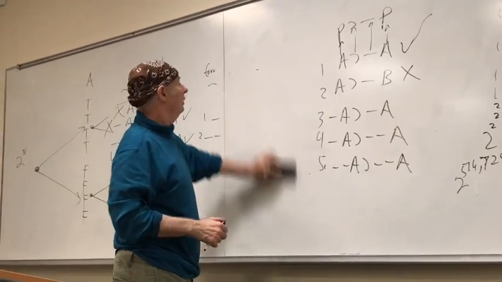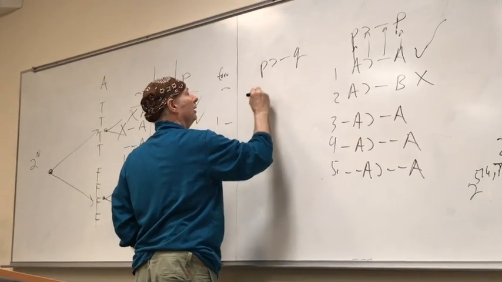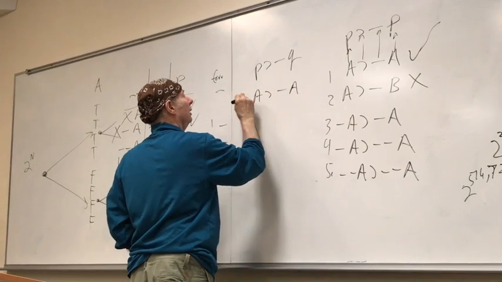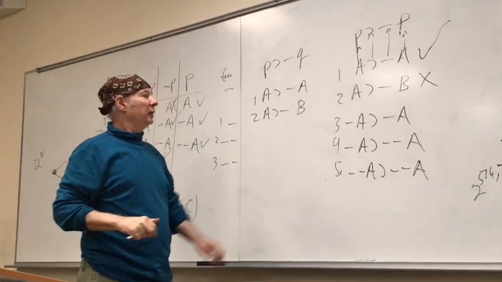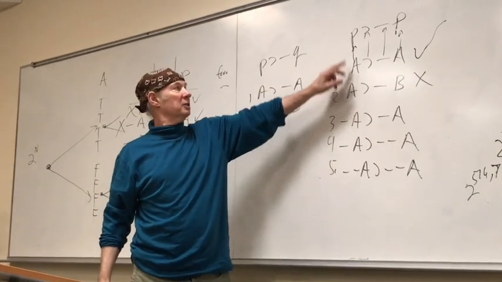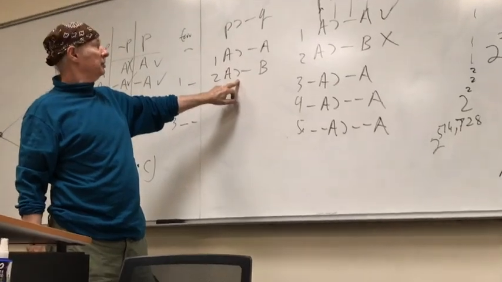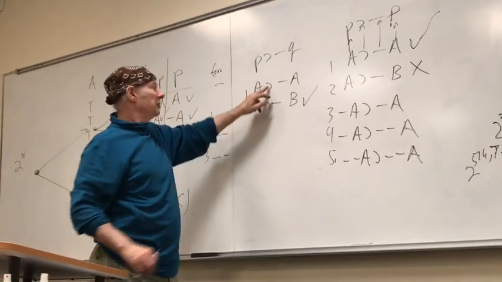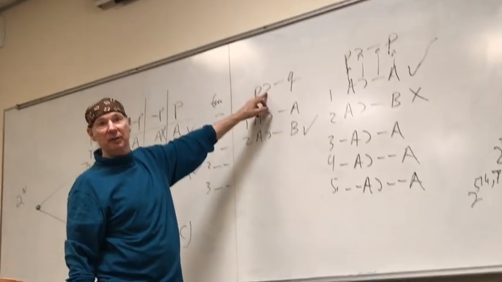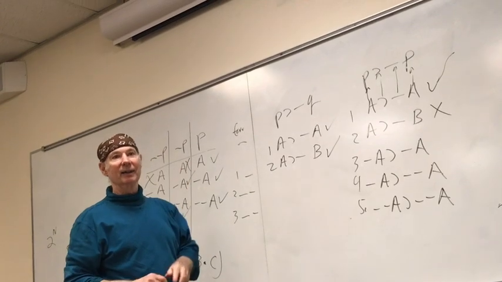And just to reaffirm, this is not a substitution instance of that form. This is a substitution instance of that because you have different variables. Is this a substitution instance of that? Yes, it is. Why?